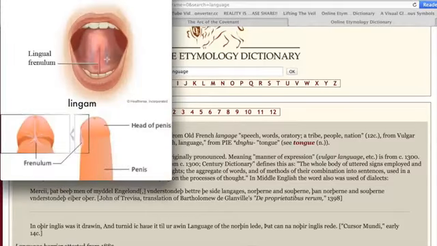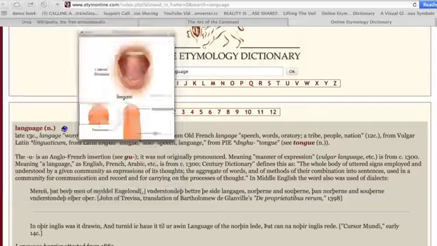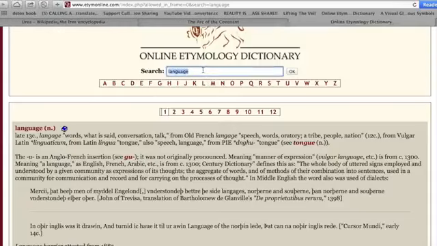So we have the lingam and the lingua. And the root word of tongue, again, comes from Proto-Indo-European ding. So the ding-a-ling, the penis and the tongue.